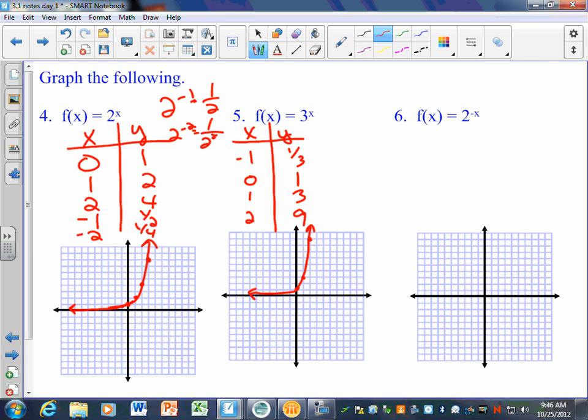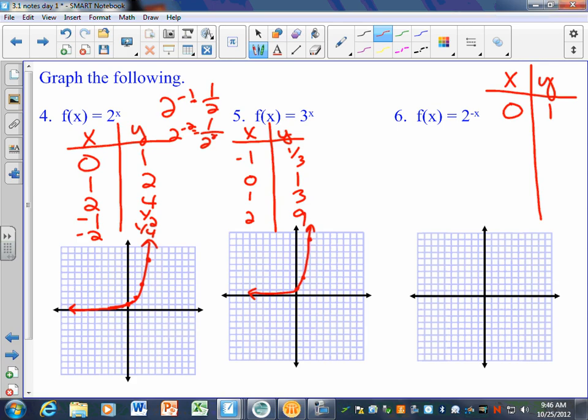What if we graphed 2 to the negative x? What happens when I plug 0 into 2 to the negative x? I still get 1, so that y-intercept hasn't changed.